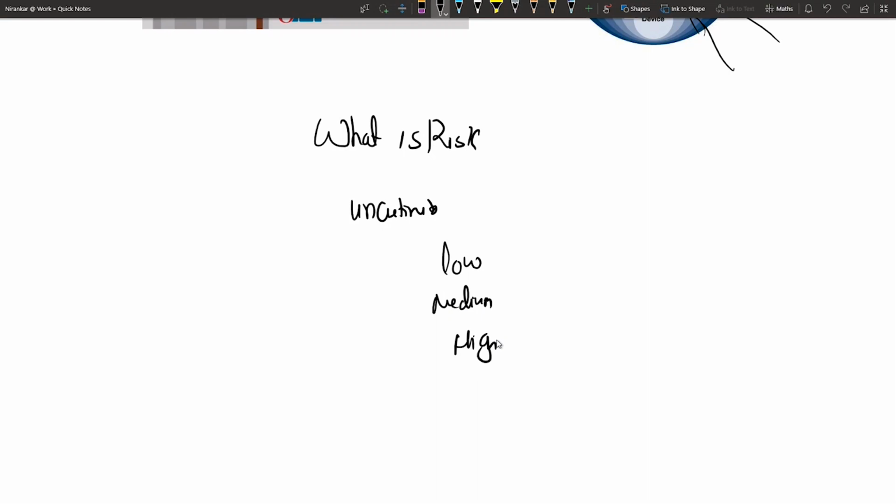We'll learn about risk more while doing the vulnerability analysis. And then we have risk management. Risk management is the process of reducing and maintaining risk at an acceptable level. So we cannot avoid the risk, but we can reduce it.